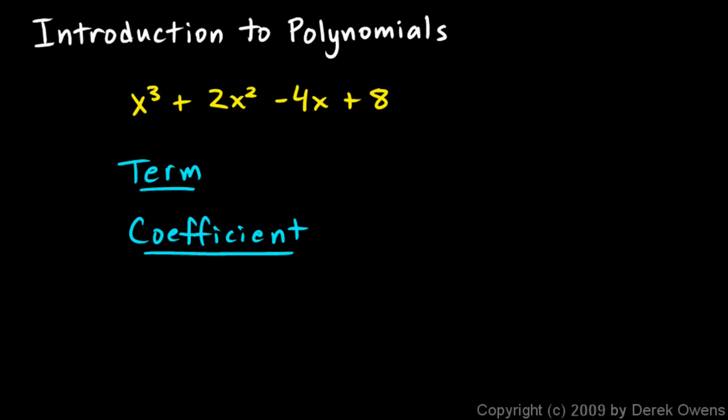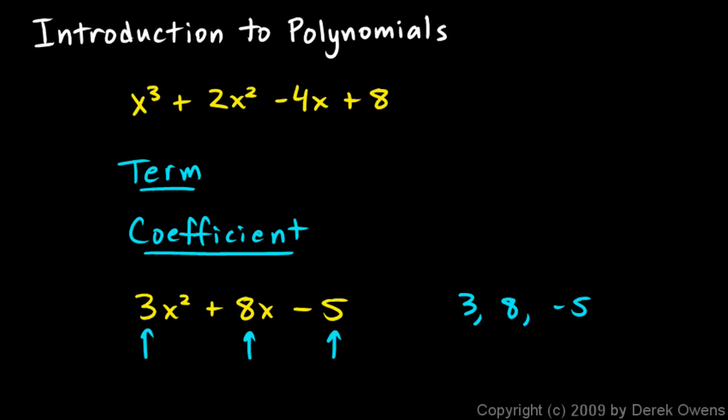So for example, if we had this polynomial, 3x squared plus 8x minus 5, the coefficients would be 3, 8, and negative 5. They're the numerical part of the term, so just without the variable part, just the numbers. Those are the coefficients.